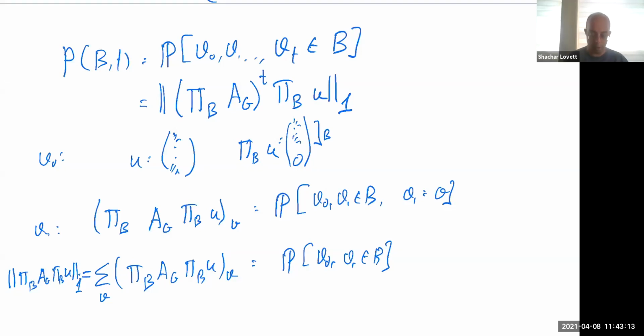So this first π_B here doesn't kill me, stays the same. I take a random walk and again get to B. So this also doesn't kill me. And then we just continue exactly the same way.